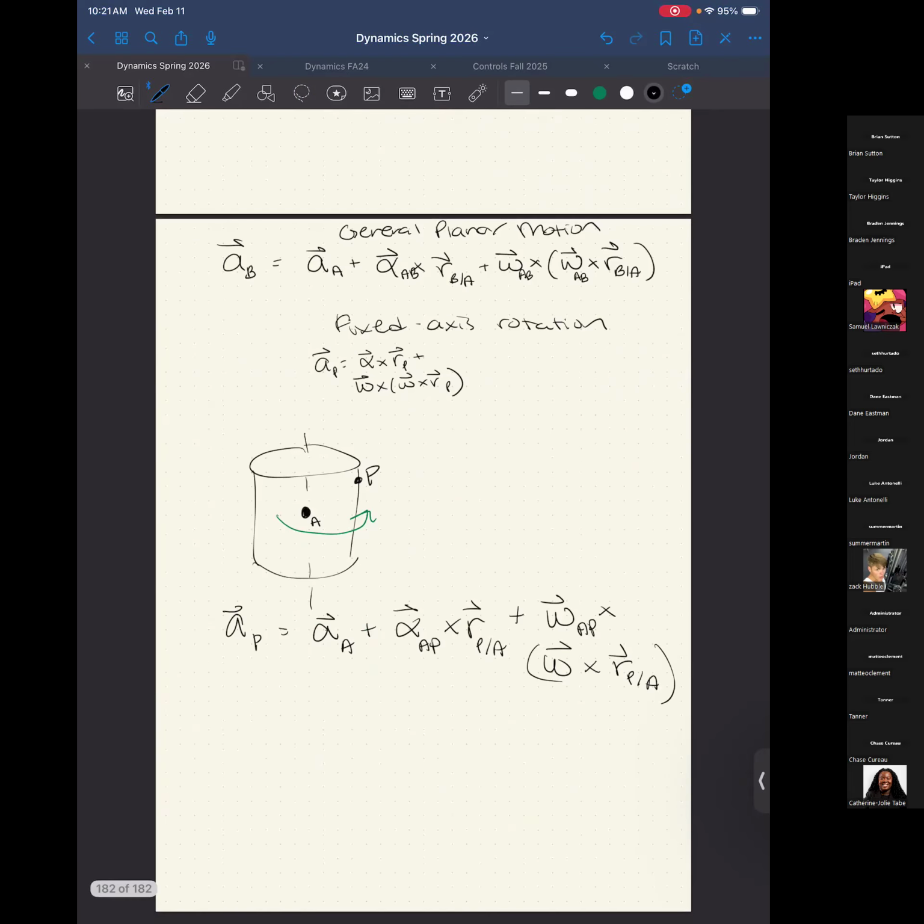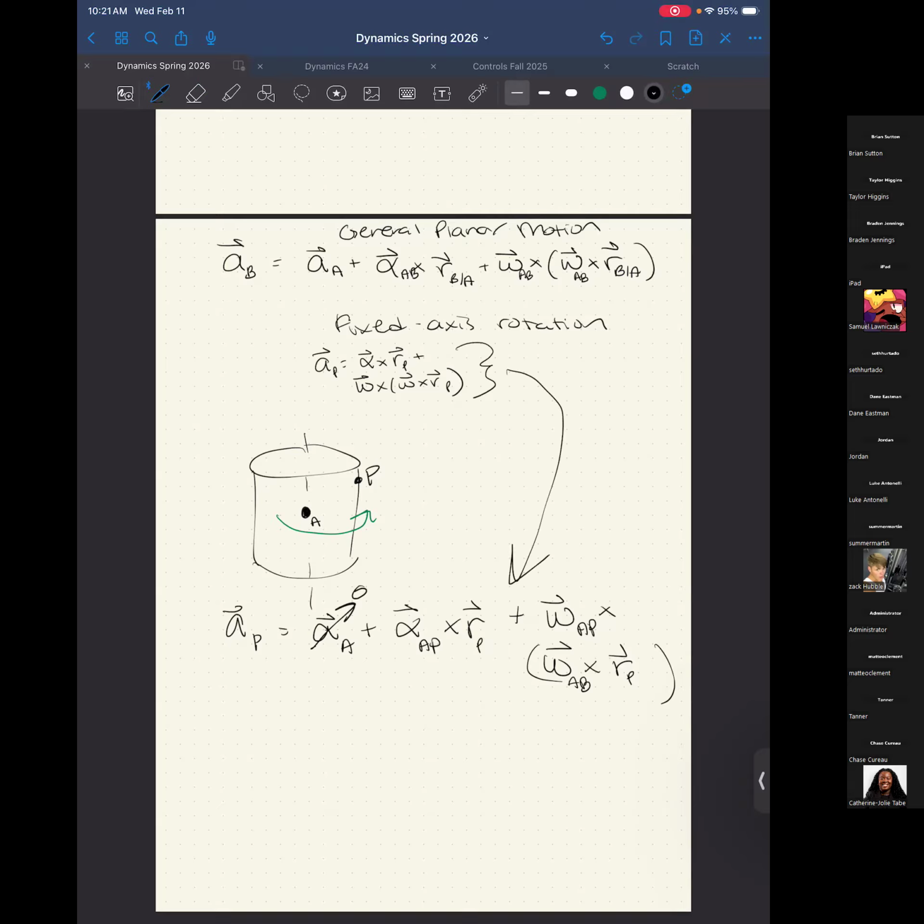What is the translational acceleration of a point on the axis of rotation? It's zero, because that point is just staying where it is, since the fixed axis is fixed. So this goes to 0. r P/A is by definition the vector that goes from a point on the fixed axis to the point in question, so in actuality this is the same as r P. And we arrive at our fixed axis equation.